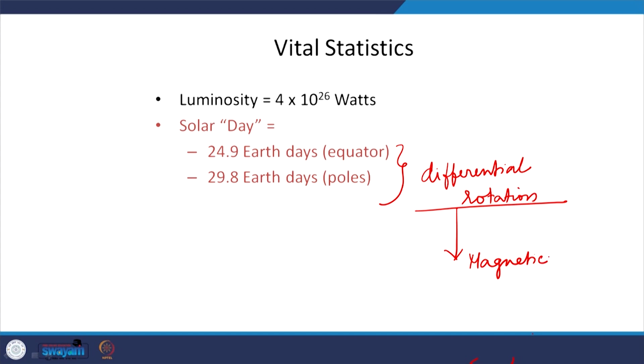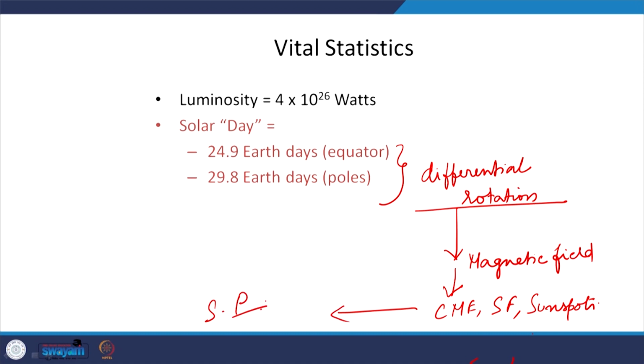Of course, this is a discussion for the future. Let us say the magnetic field of the sun is complicated by this differential rotation, and ultimately this differential rotation is what generates the coronal mass ejections, solar flares, sunspots, all other aspects of the sun, which are generally called solar prominences.